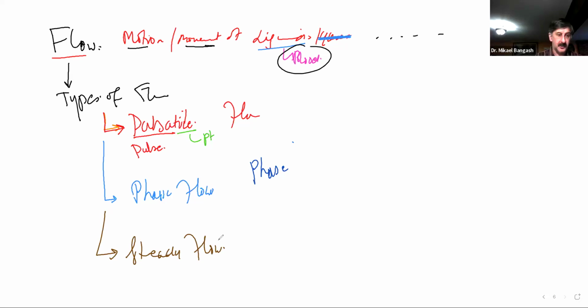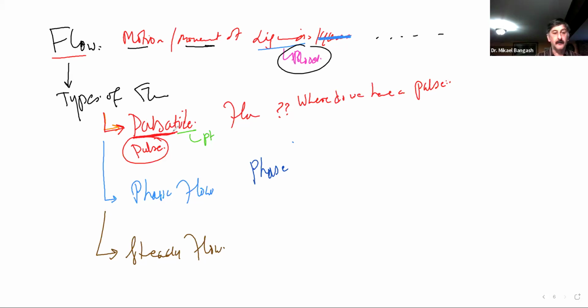Now guys, first things first. Pulsatile flow. The word itself is pretty self-explanatory because it says pertaining to pulse. And the question is, where do we have a pulse?